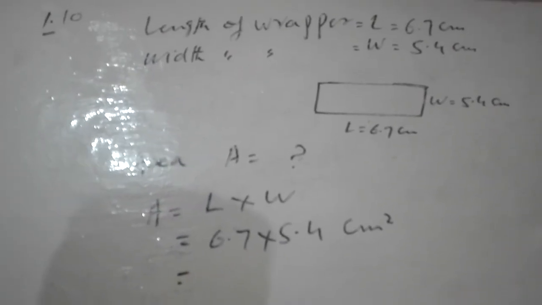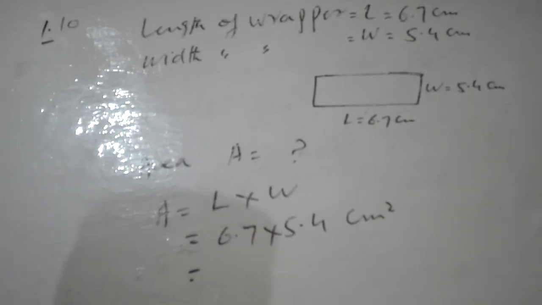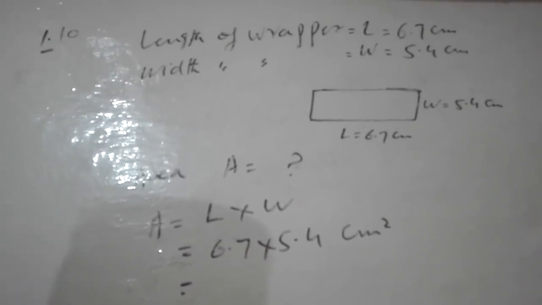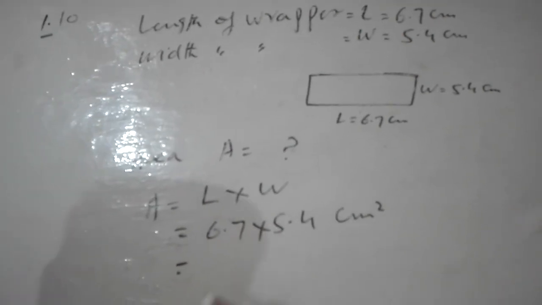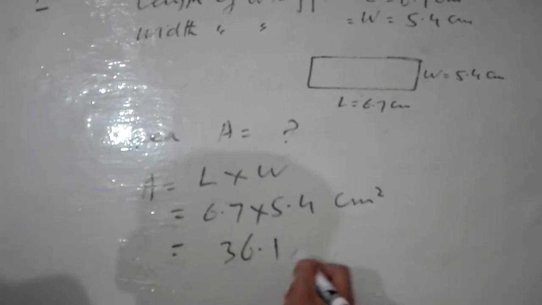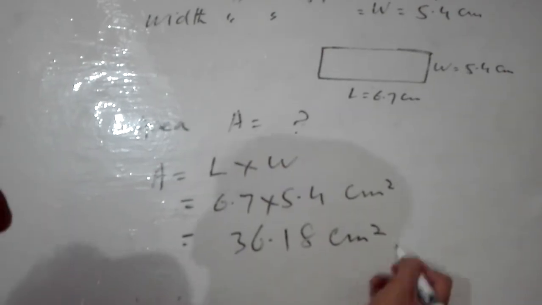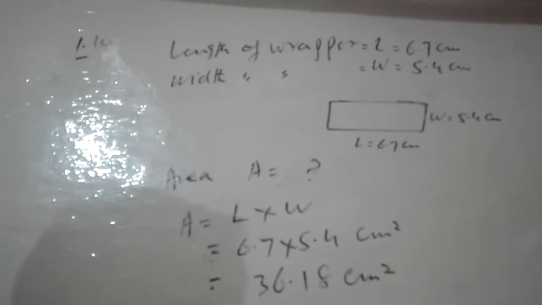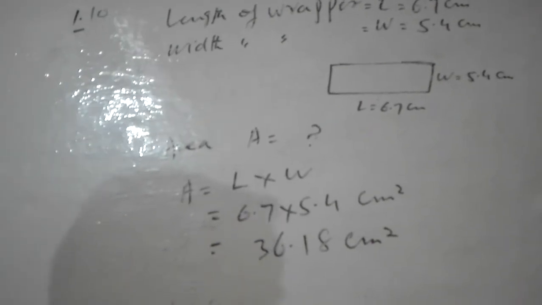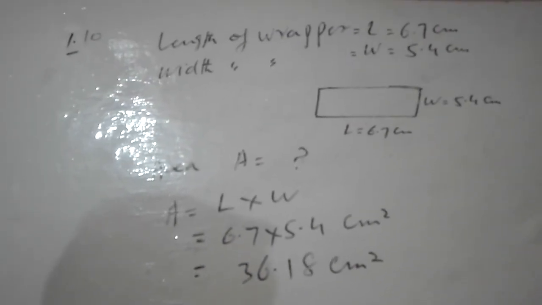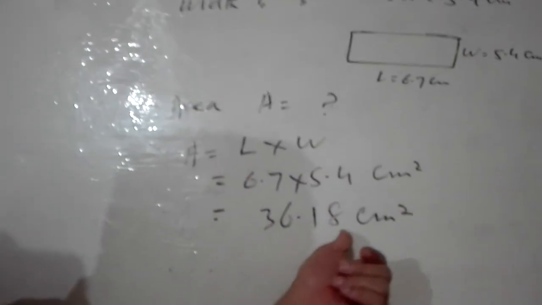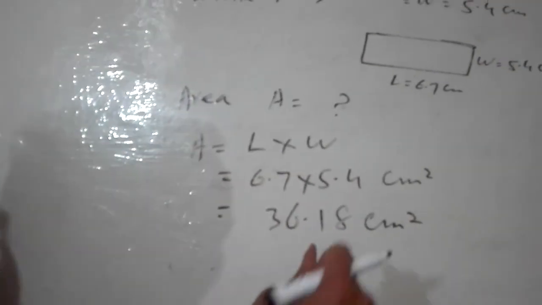So if you multiply these two values, what is the answer? 6.7 into 5.4. Answer is 36.18 centimeter square. But notice in the question, he has asked you to calculate its area up to a reasonable number of significant figures. Reasonable means, you can see the 8 is a very small quantity.